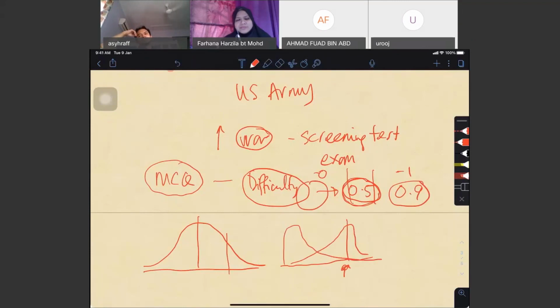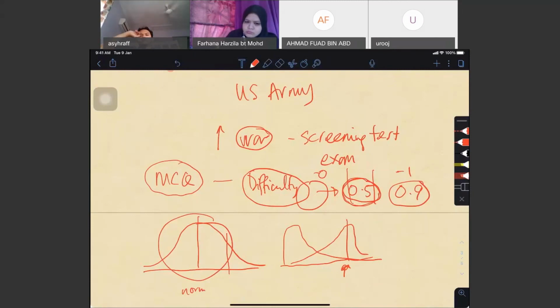But they want the curve to be like this. For them, this is norm reference. They want to get the best candidates. For us, we have our criteria, so that's why we say it shouldn't be too easy or too difficult.